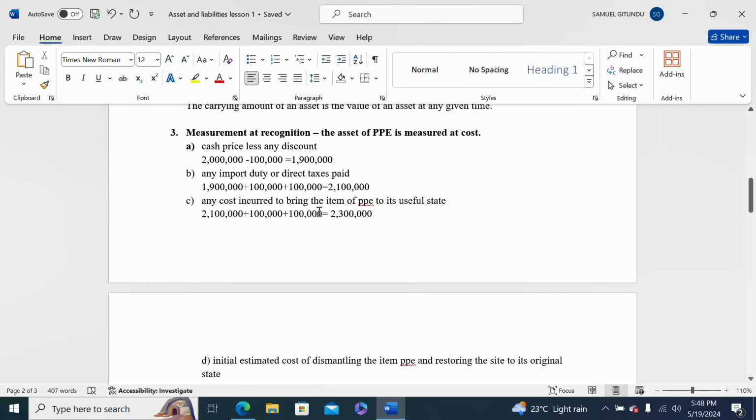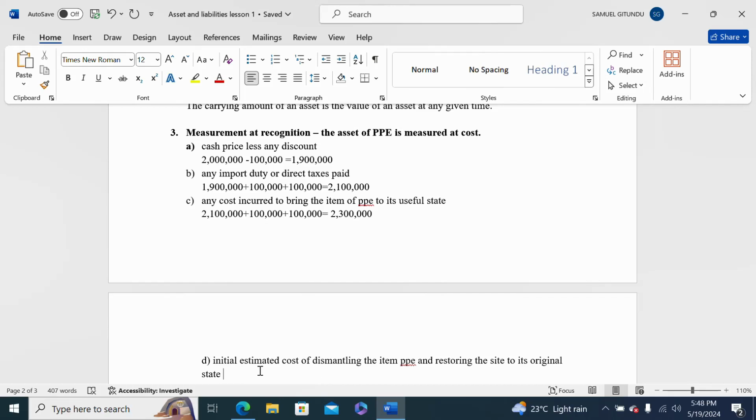So at recognition, the firm or the business has to estimate the cost of dismantling that item of property, plant, and equipment at the end of its useful life.